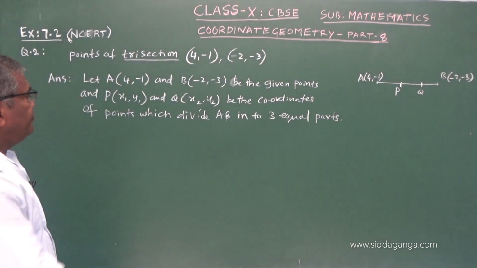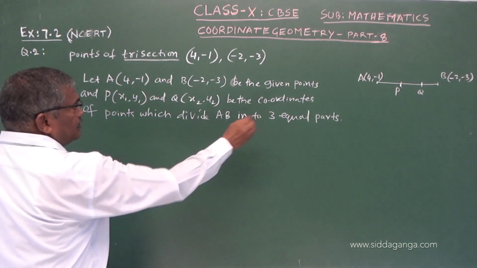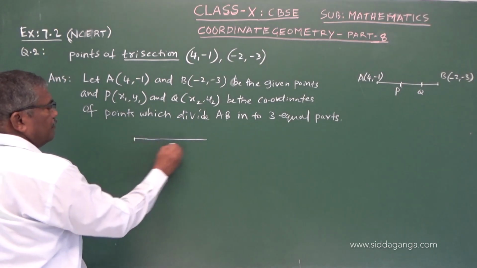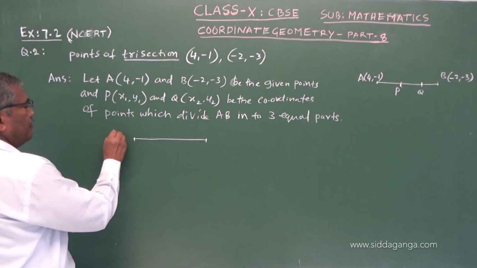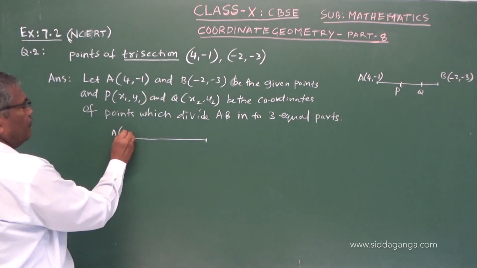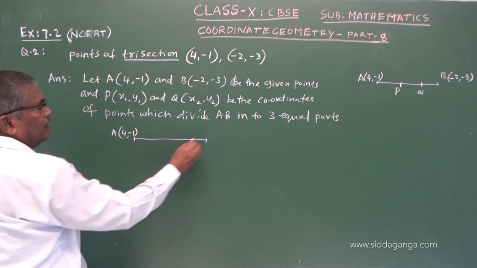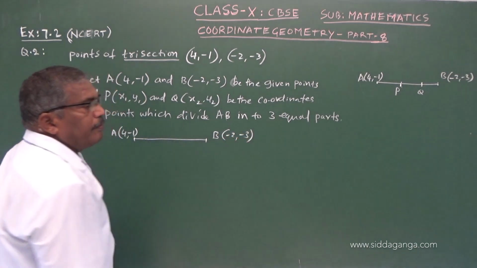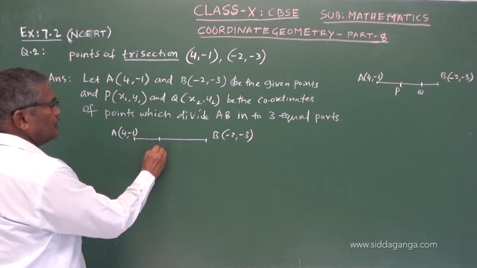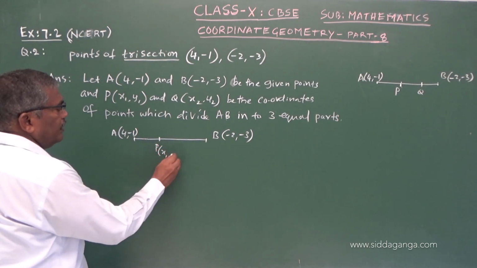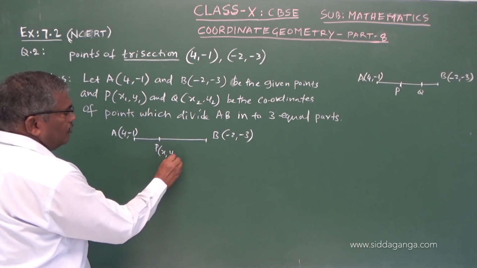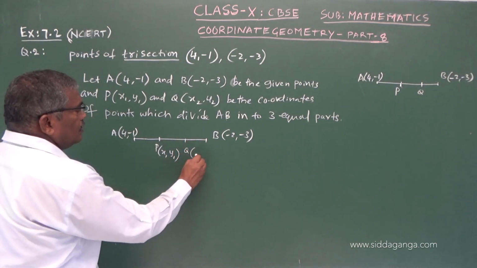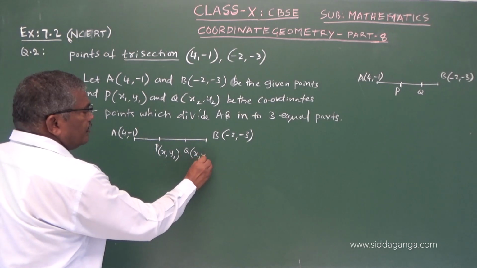So therefore, you draw this sketch. This is line AB, A is (4, minus 1), point B is (minus 2, minus 3). Now let us call this P, and its coordinates we have to find out, we don't know. I will call this x1, y1, and this is Q, x2, y2.